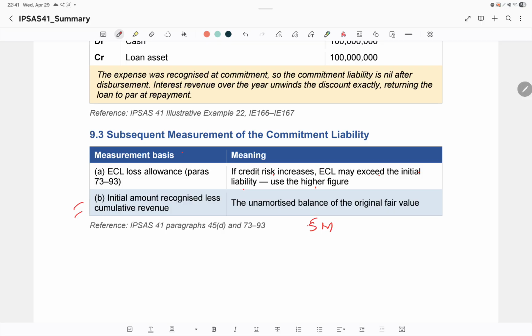It reduces as the entity fulfills the commitment or as the commitment period passes. So you reduce by the amount already released.